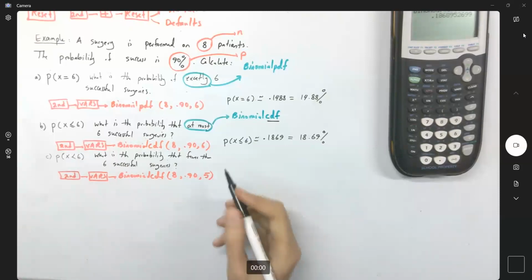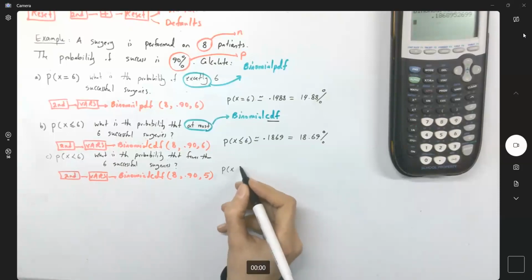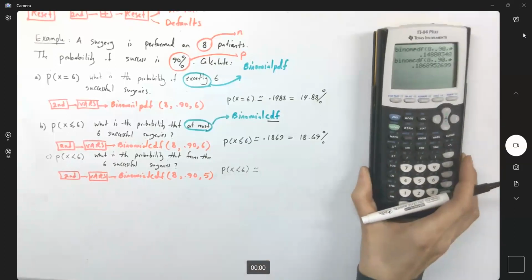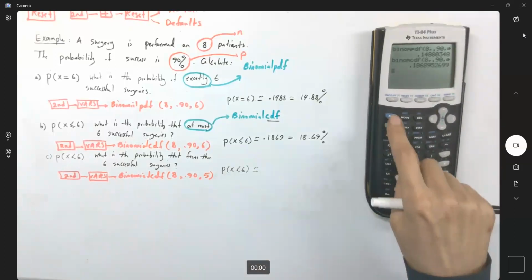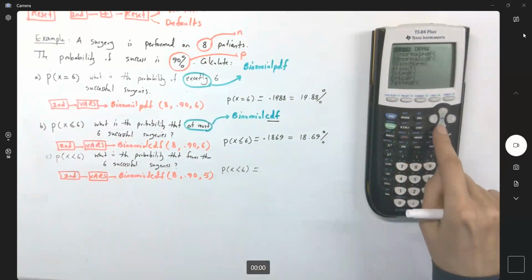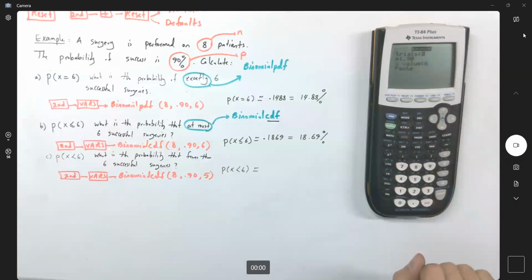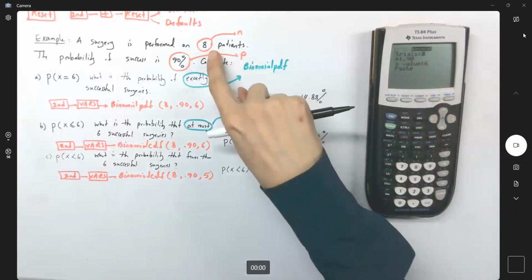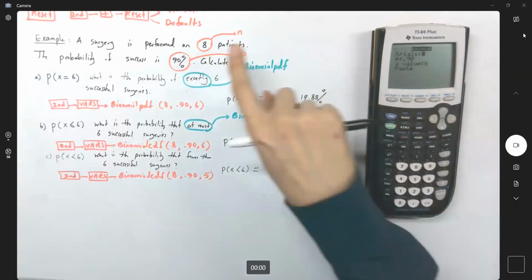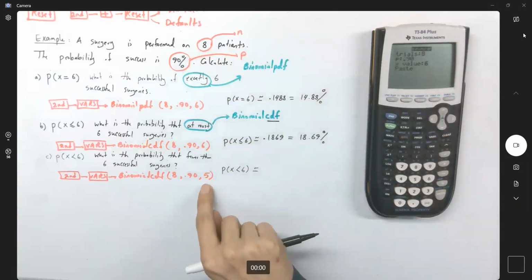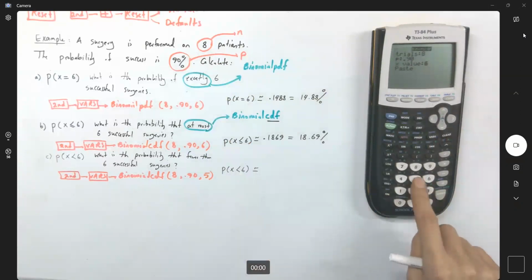The probability that x is less than 6 is about, we have to use our calculator, am I right? Second vars, find binomial CDF. The number of tries is 8. The probability of success, 90%. But for our x, instead of using 6, we have to use 5 because 6 is not included.